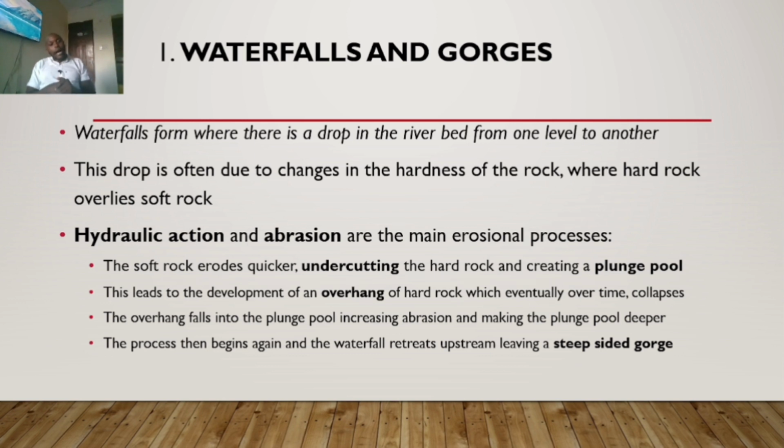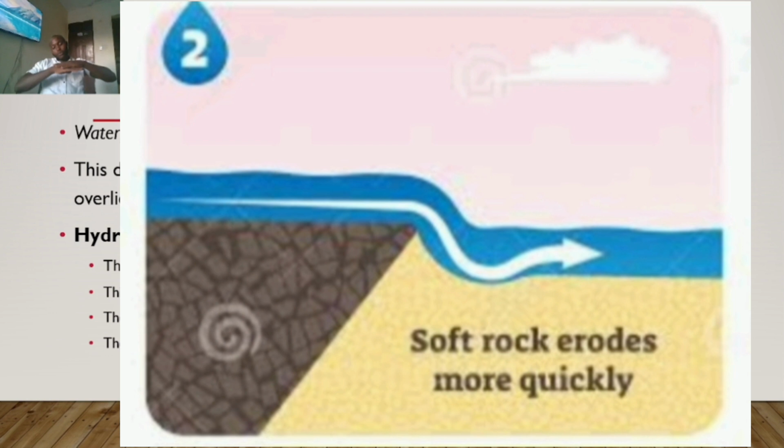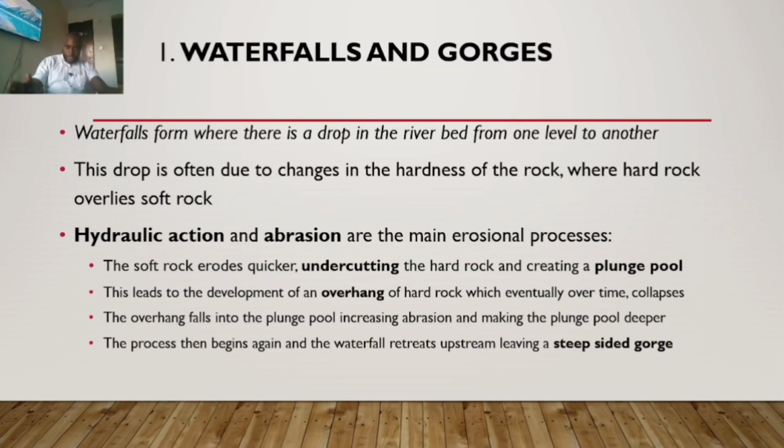So the hard rock won't be eroded easily, but the soft rock, which is down under the hard rock, will be eroded faster by those processes of hydraulic action and abrasion. The soft rock erodes quicker, undercutting the hard rock and creating what we call a plunge pool.